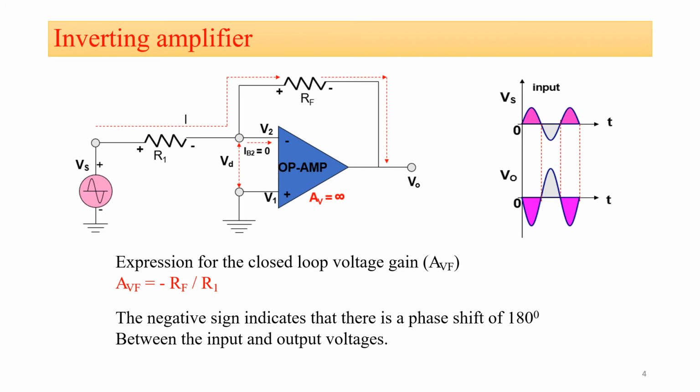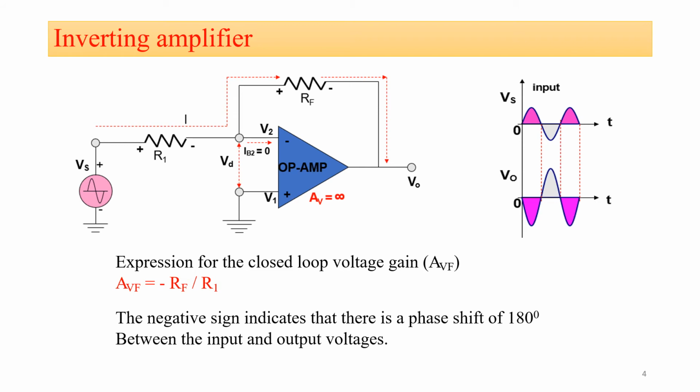Now the waveform shows the input waveform and the output waveform. Now consider, suppose our input voltage Vs equals 1 volt. What will be the output voltage for this case? Rf equals 10 kilo ohm and R1 equals 1 kilo ohm.